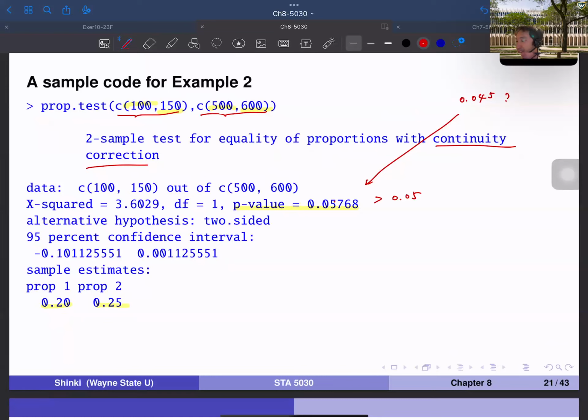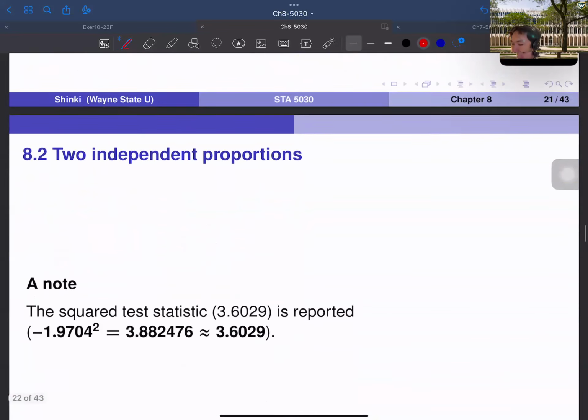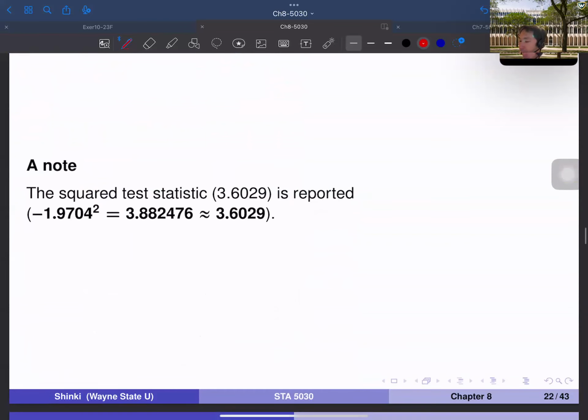Continuity correction makes it slightly more accurate, so practically we should probably use this result. The R output gives a test statistic of 3.60, and our calculation without continuity correction gives 3.88.